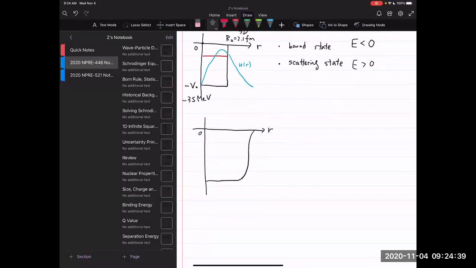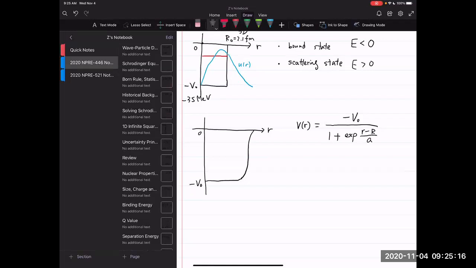So this potential has an approximate analytic form. V of r will be equal to minus V naught, which is still the depth of the potential, over 1 plus an exponential term, e to the (r minus R) divided by a.